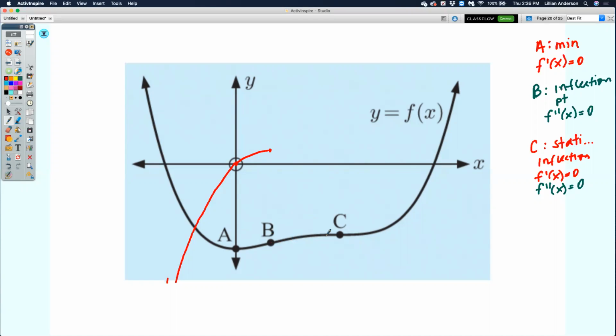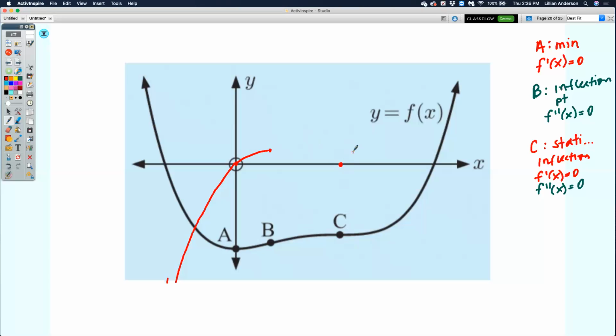From B to C, it's still increasing, just not increasing as much. Okay, so that means that it's still above the x-axis. But remember, at C, the first derivative was equal to 0.